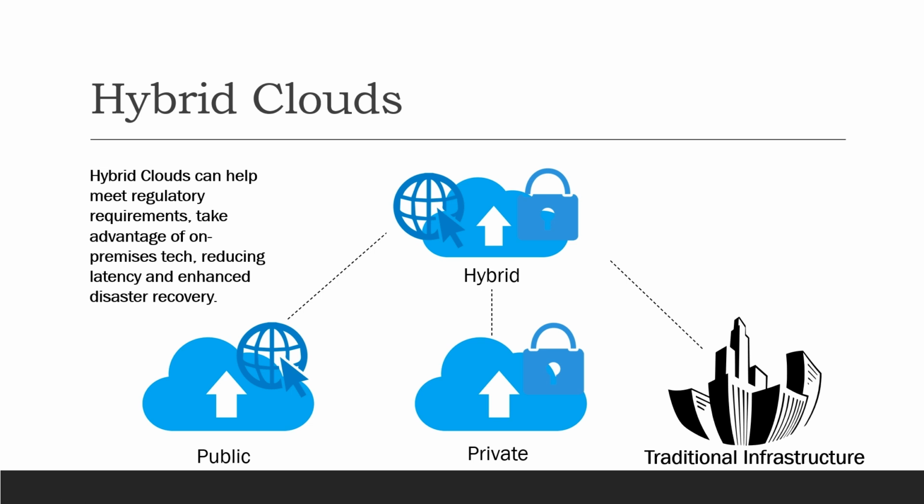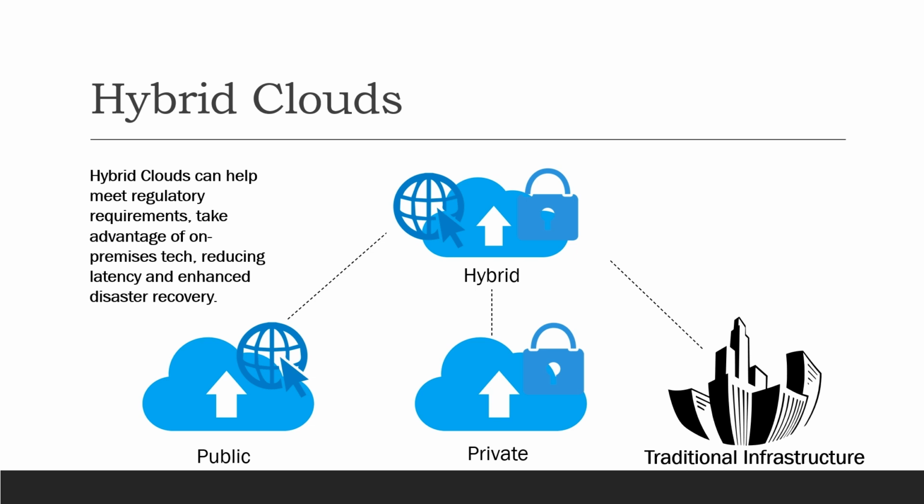Hybrid clouds. So basically, a hybrid cloud combines the capabilities of public, private, and traditional infrastructure into a hybrid cloud. Hybrid cloud can provide many benefits, including meeting regulatory requirements, meaning that the data residency rules vary.